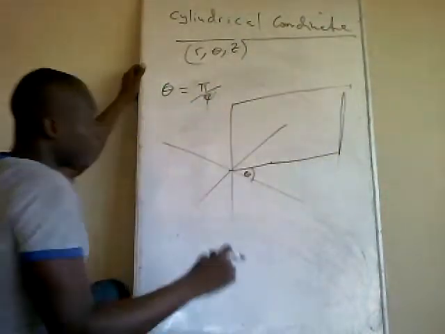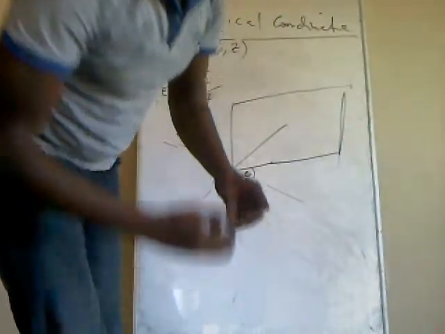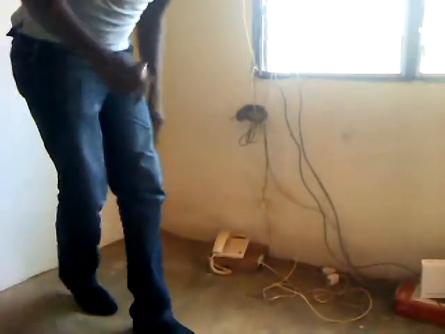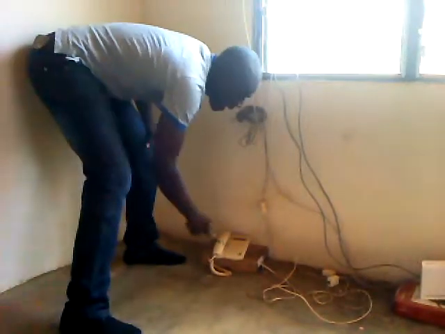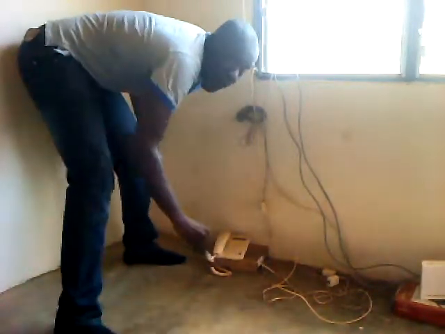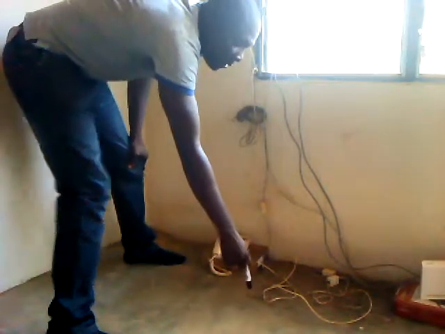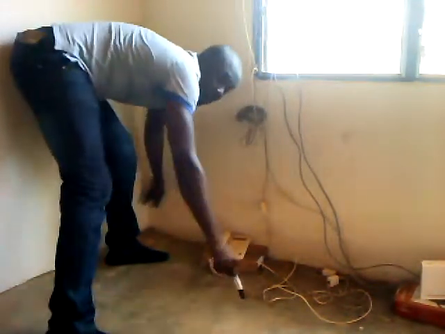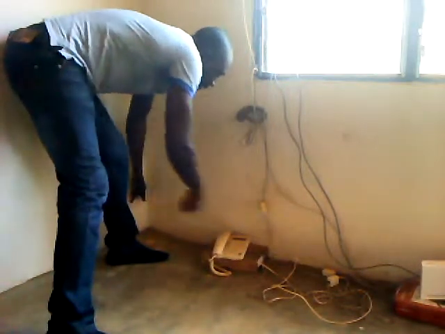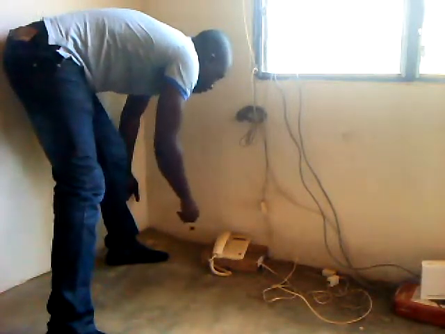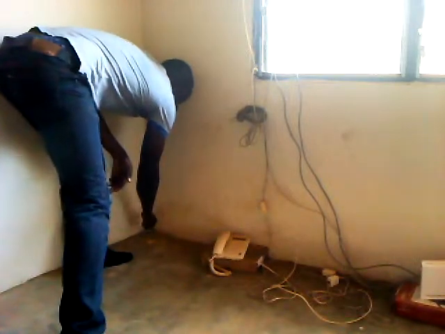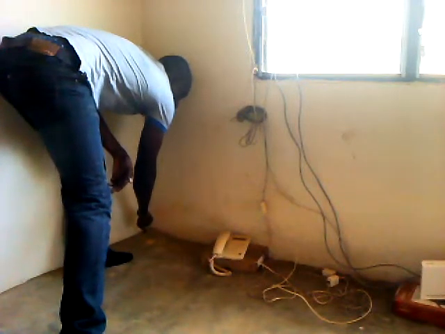Remember, we say here is our x. So if I have a point in space and project it onto this, and draw a line here to meet the origin, I'll have some angle here, right? So theta is equal to pi on 4.